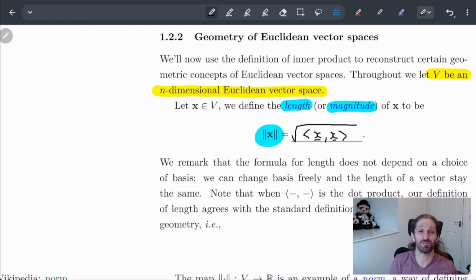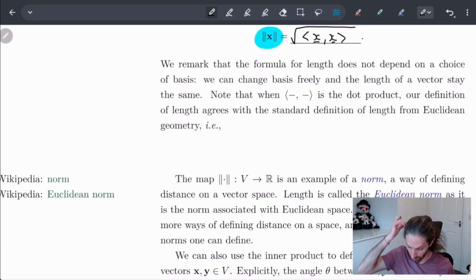This might seem very weird. Why are we taking the square root of an inner product? Let's see why we're doing this.